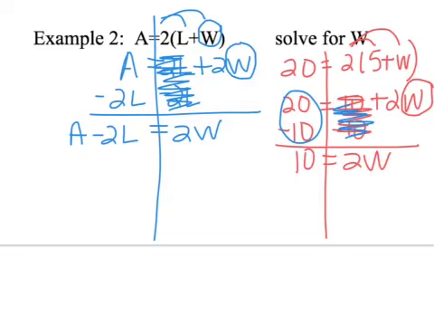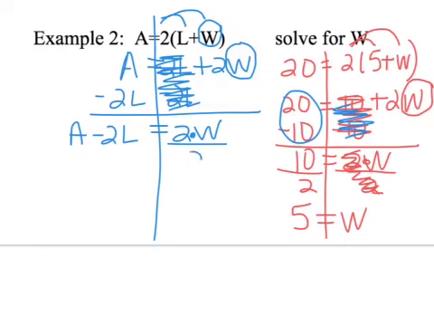Okay, going back over here into the red, I have 2 times W. The opposite of times is divide, so I'm going to divide by 2. The 2's will cross out, W equals 5. So over here in blue, I'm going to do the same thing. This is 2 times W. The opposite of times is divide, so I'm going to divide both sides by 2. 2 will cross out, leaving me with W equals all of this stuff.